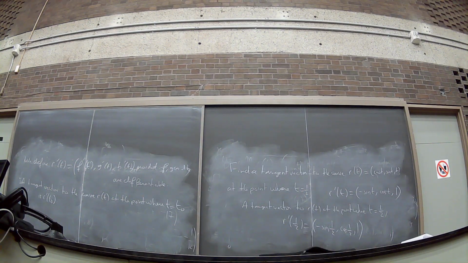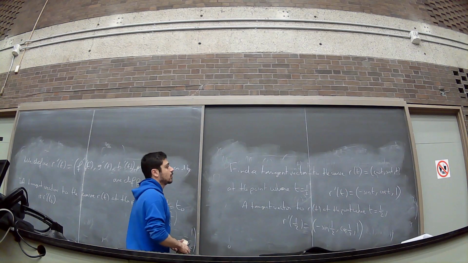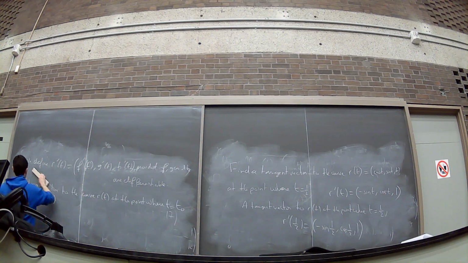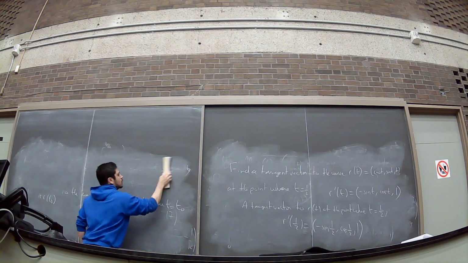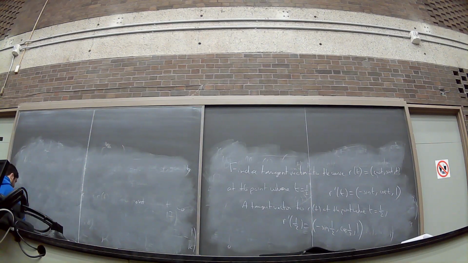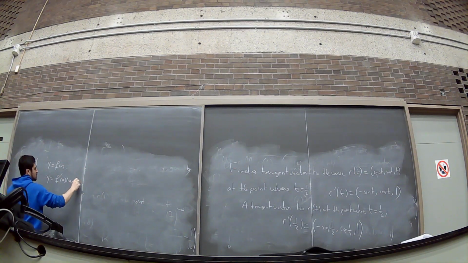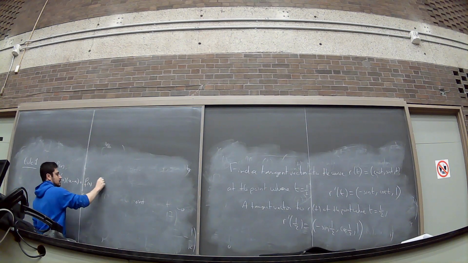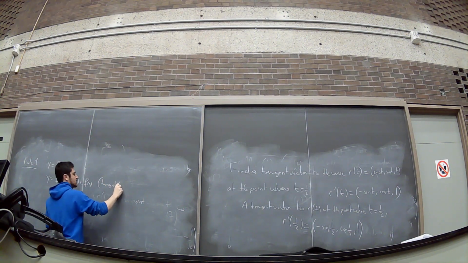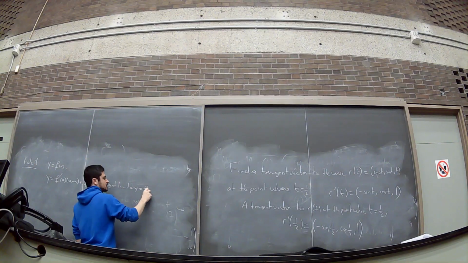Yeah? Great. Let's do one more thing. Let's try to recover what you know from calculus 1. So I have the curve y is equal to f of x. What is the equation of the tangent line at the point (a, f of a)? It's y is equal to f prime of a times (x minus a) plus f of a.